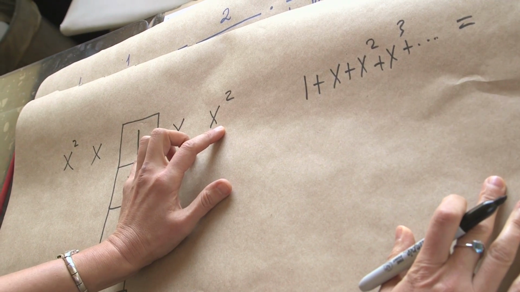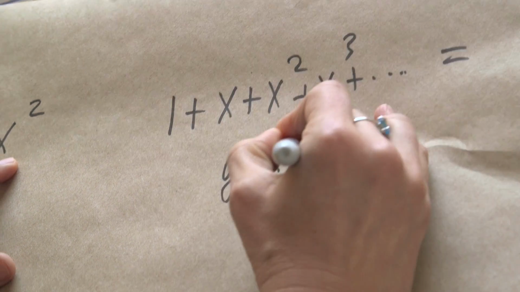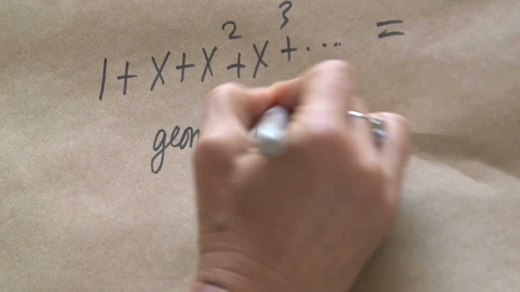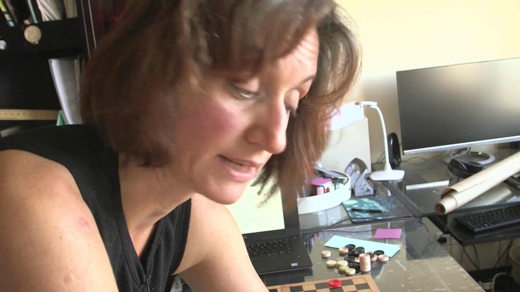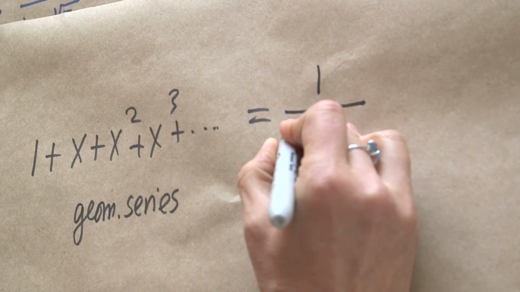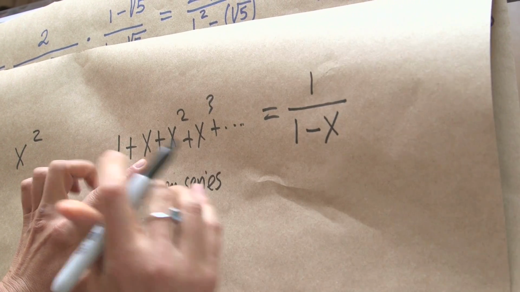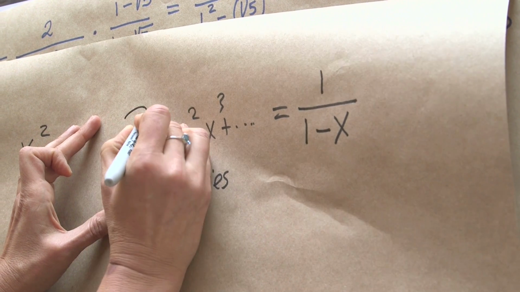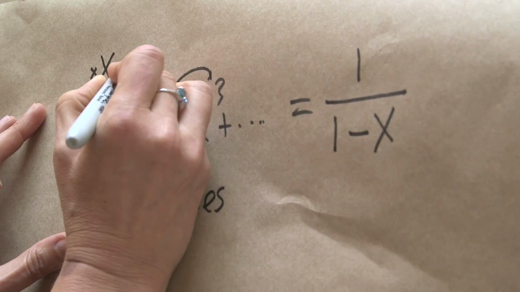Well, does this remind us of something? This is a so-called geometric series, and probably it's a topic that you will study in second semester calculus. And such a geometric series actually has a very nice formula when you add it up. The formula is 1 over 1 minus x. x is the ratio here. So in other words, every time you move to the next term, you are multiplying by this x every time.